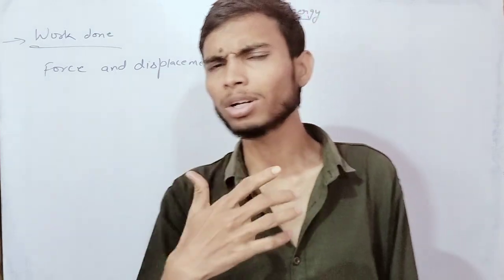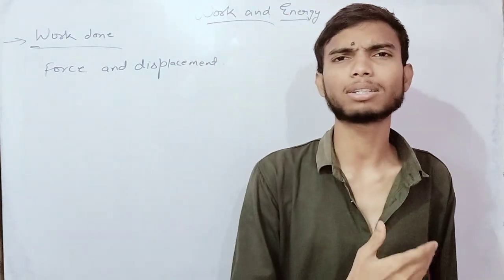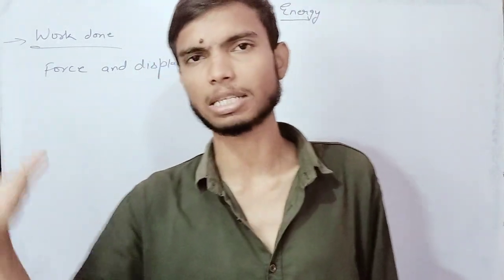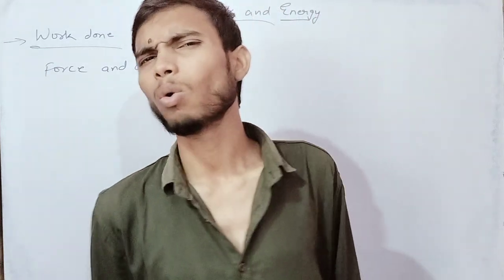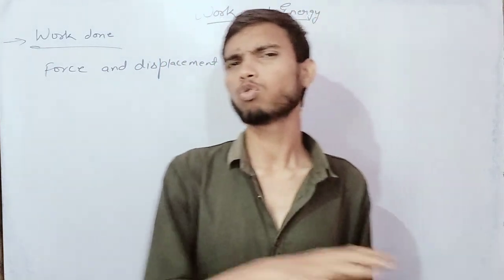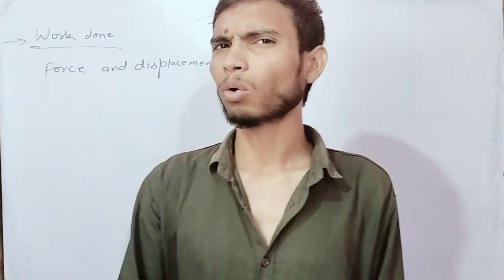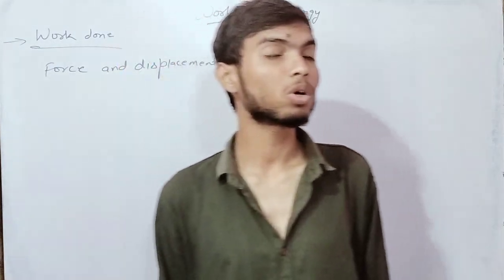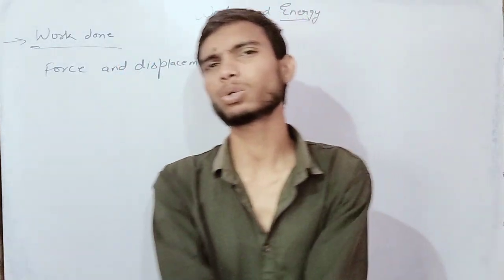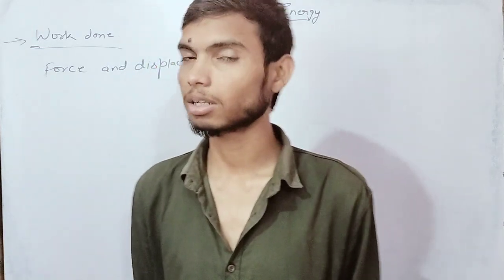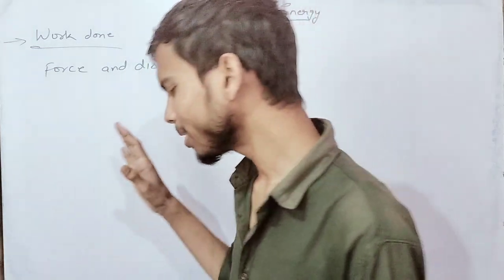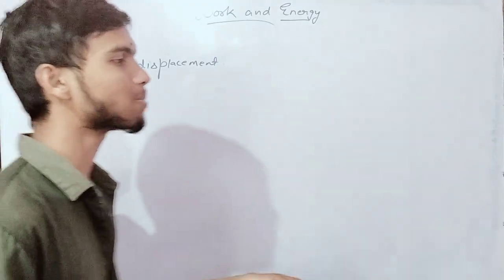If force is zero, or displacement is zero, work done will be zero. It is too basic, you know. What if I say force is 2 Newton and displacement is 0? Can you say work done is 2? No. The answer would be work done is 0 because displacement is 0.